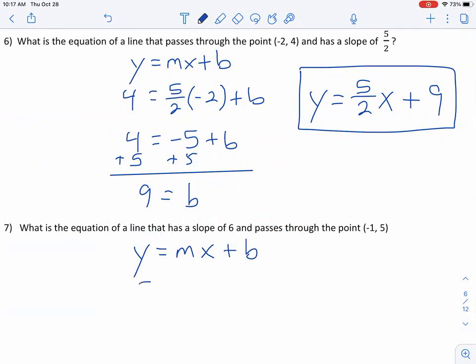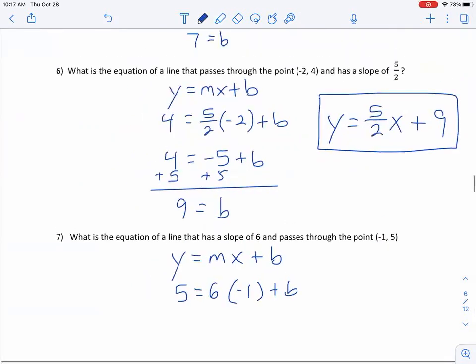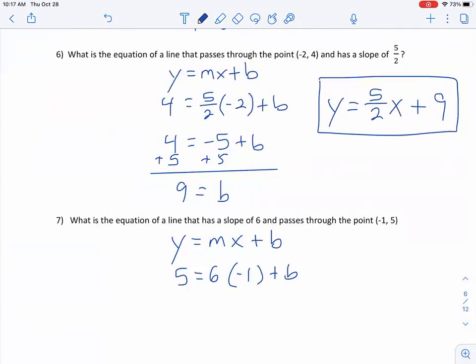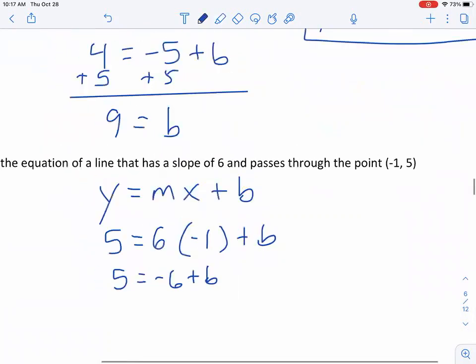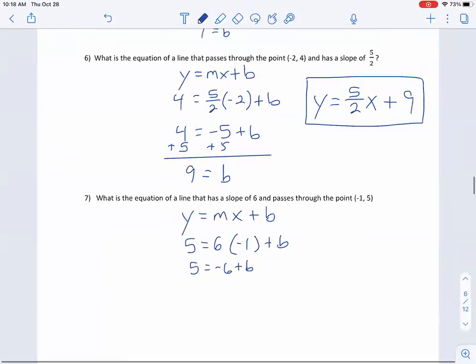So I get 5 equals, M is my slope, so that's 6. And then I put in parentheses my X, which is -1, plus B. Okay. Now I want to multiply those. So 6 times -1 is -6. So we get 5 equals -6 plus B. Add the 6 over to the other side.